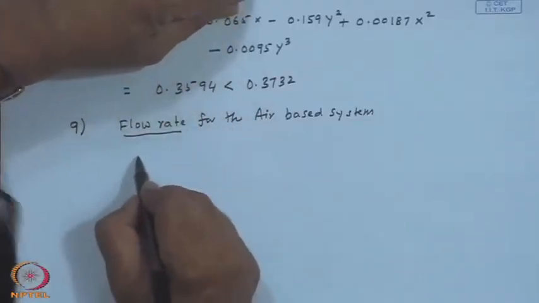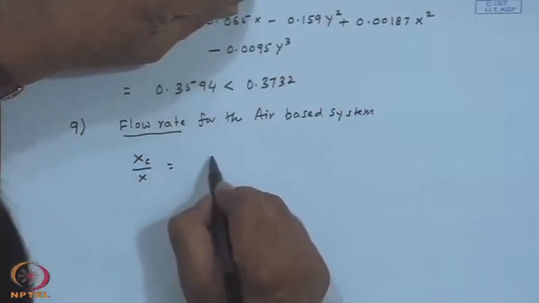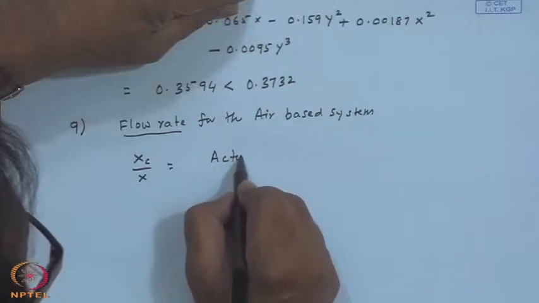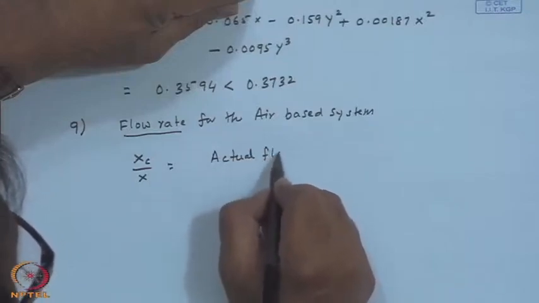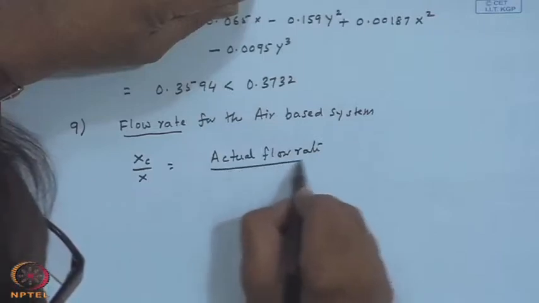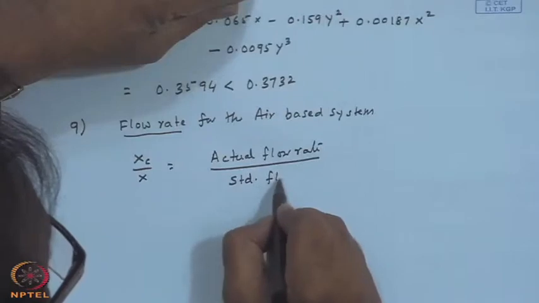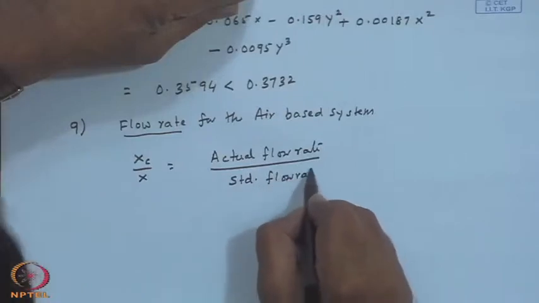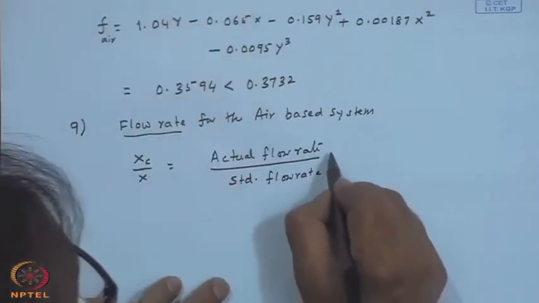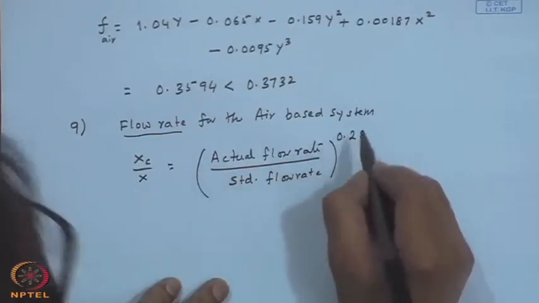So, the correction is now x c by x equal to actual flow rate by standard flow rate to the power 0.28.